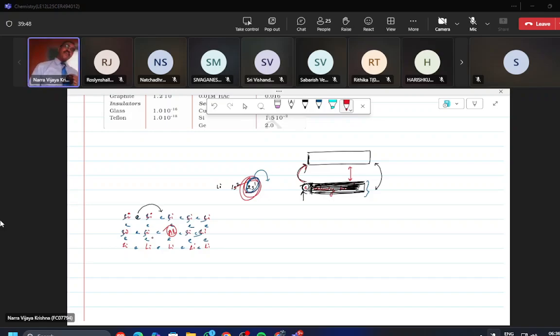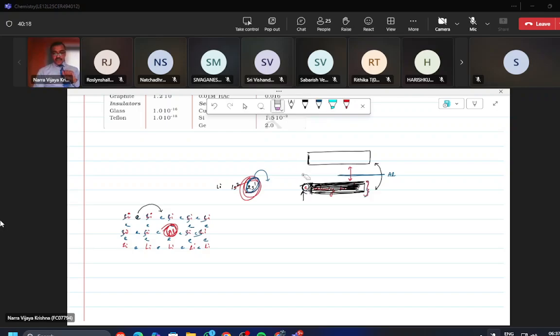Larger than silicon. Means what happens to energy? Size of the atom is more means the orbital moves away from the nucleus. The orbital moving away from the nucleus means what happens to its energy? High. Means all silicon atoms' valency band is this much, but because of this aluminum, you will have one more valency band somewhere here. That is because of aluminum. Correct? Are you able to understand?